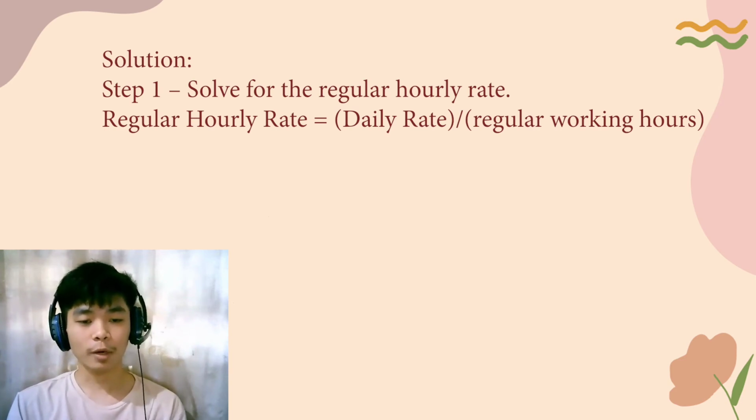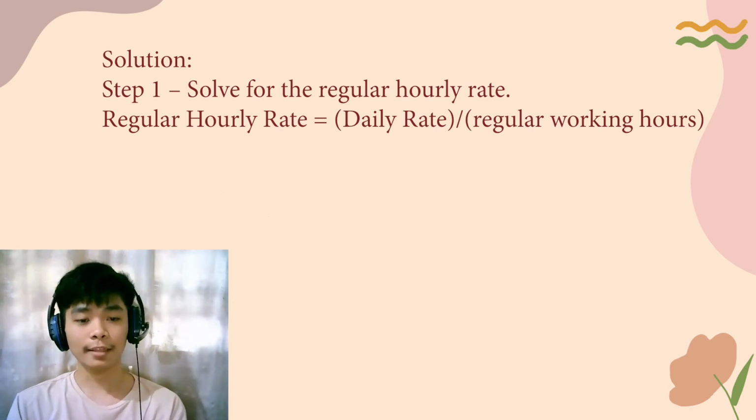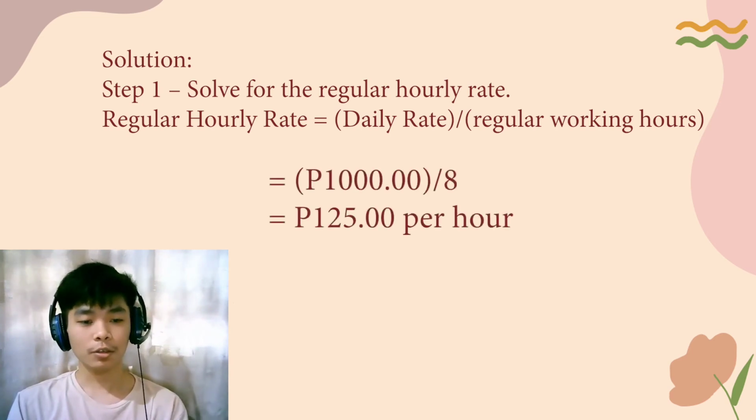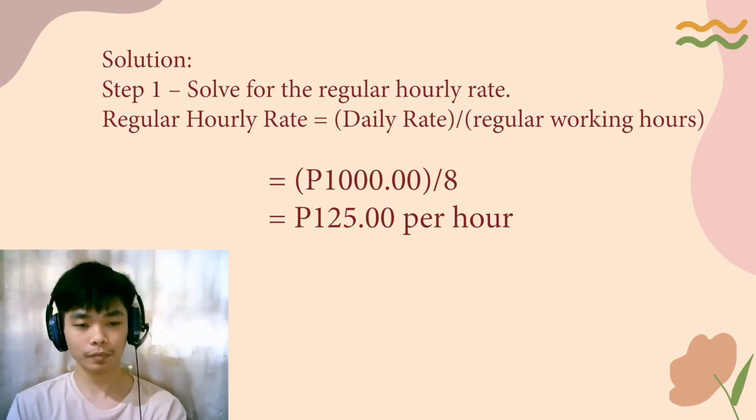If you are wondering why we use 8 hours and not 12 hours, which is in the given, remember that the working hours of an employee is 8 hours. So you just need to divide 1,000 pesos by 8 hours, and you get 125 pesos per hour for your regular hourly rate.